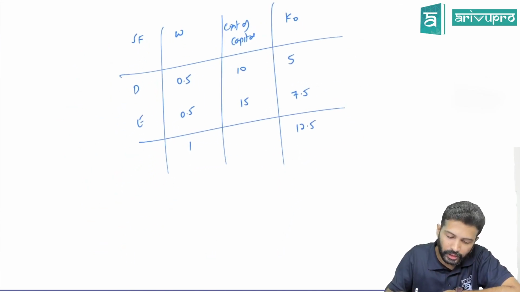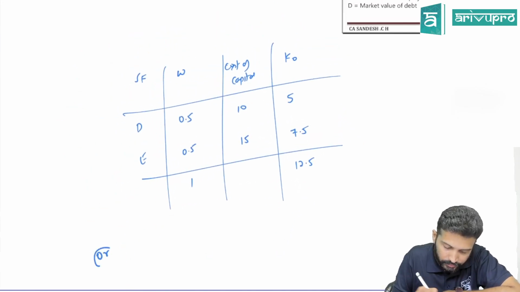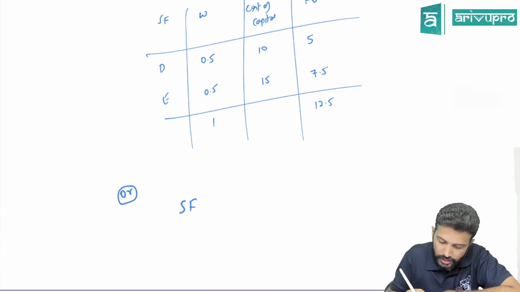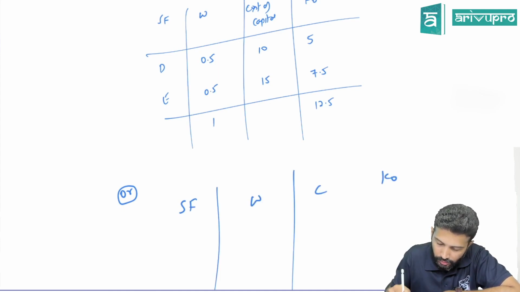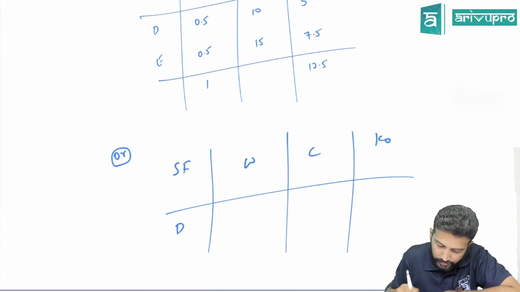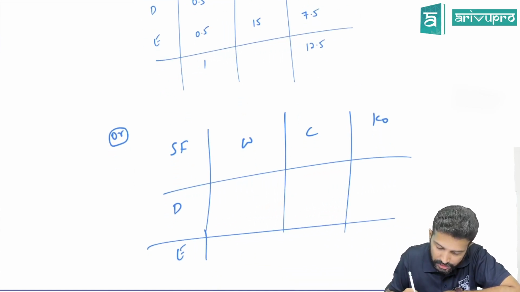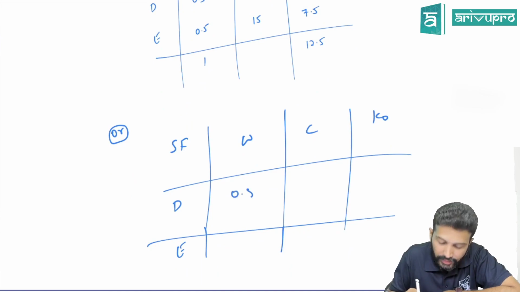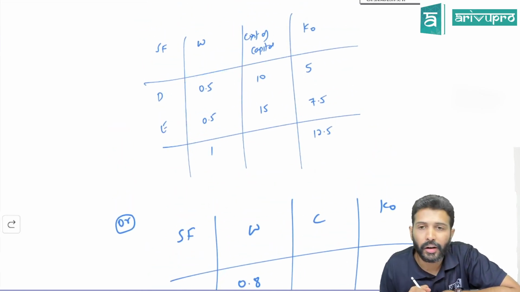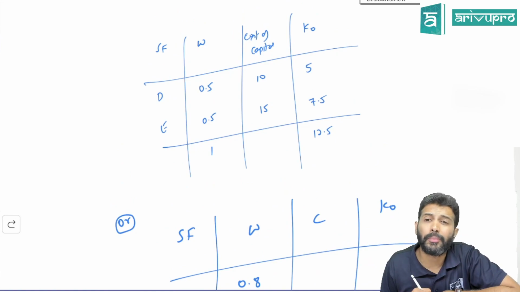Let's modify the data slightly. Source of finance, same. Weights, cost of capital, Ko. Debt, equity. Let's make the debt weight 0.8. How much was the weightage of debt before? 0.5, or 50%.